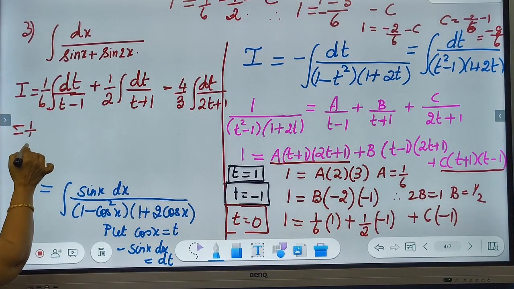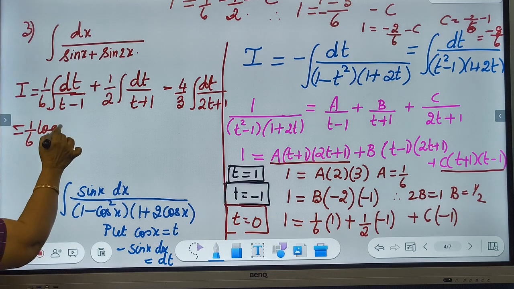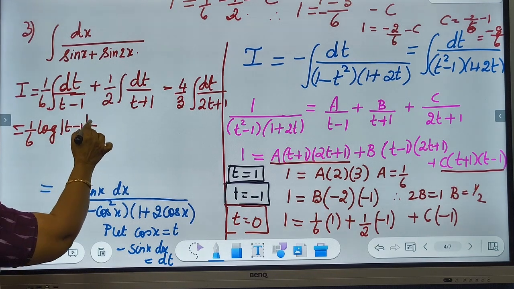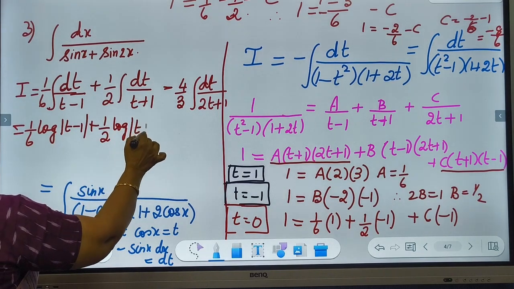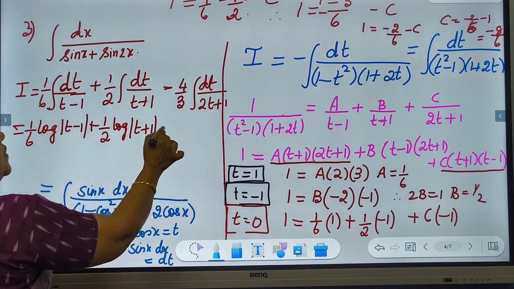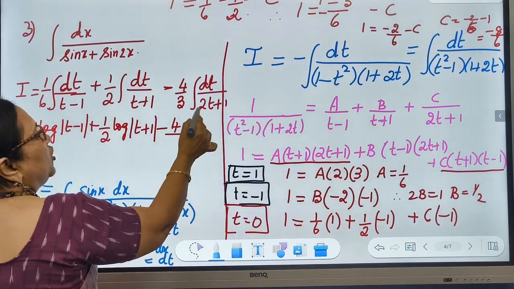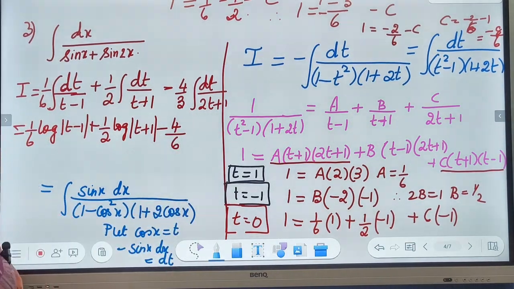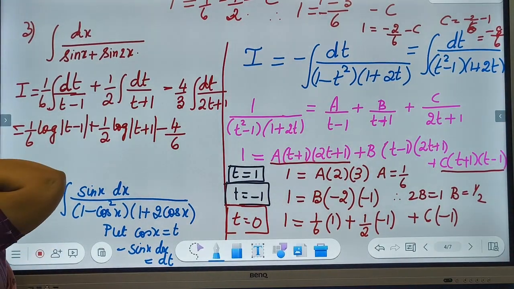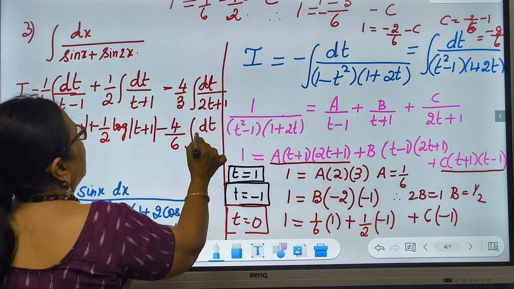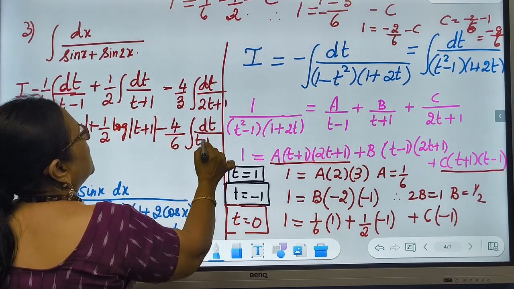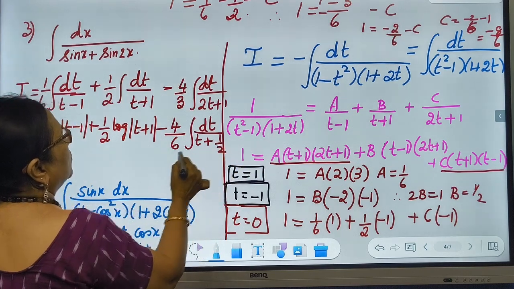This is 1 by 6 log mod (t minus 1) plus 1 by 2 log mod (t plus 1) minus 4 by 6, taking the 2 outside, into integral of dt by (t plus 1 by 2).